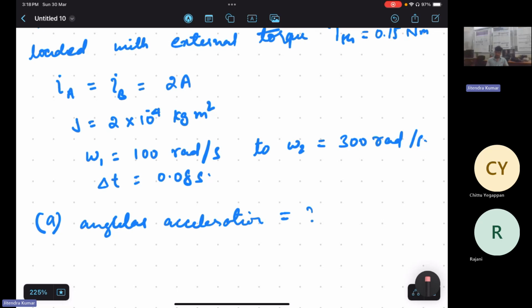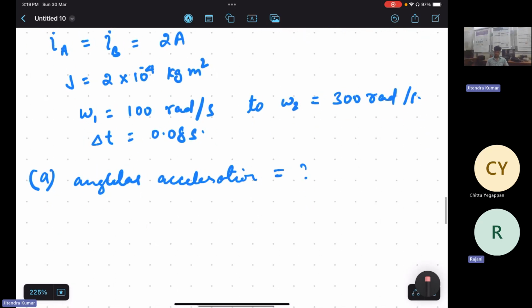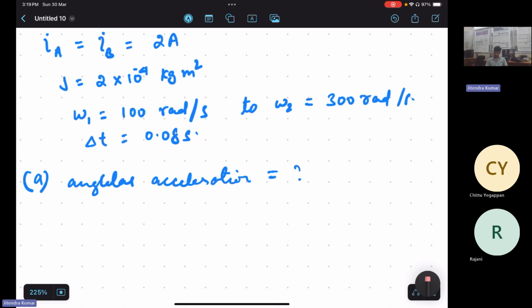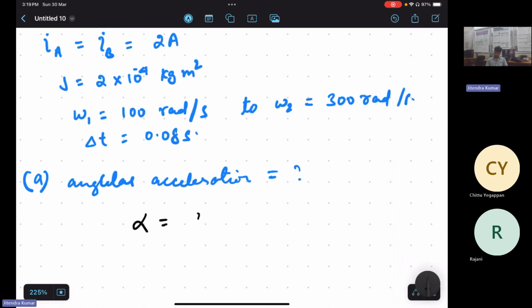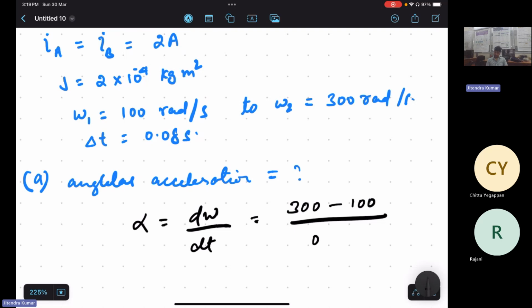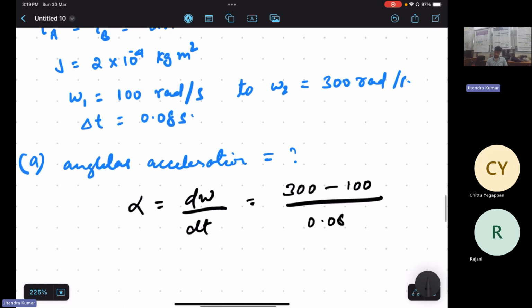Just common physics we have to apply here. Change in angular velocity by change in time. Exactly. So change in angular velocity is 300 minus 100. Change in time is 0.08. Sir, change in time is 0.08 seconds, right?